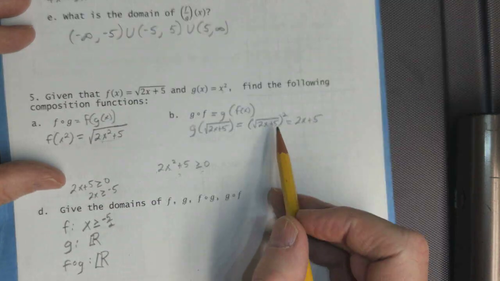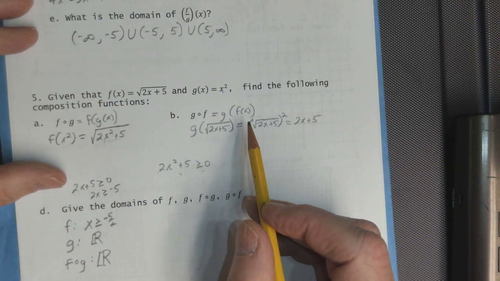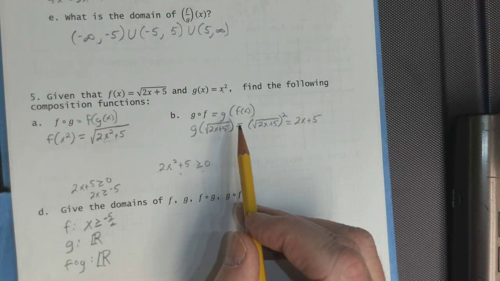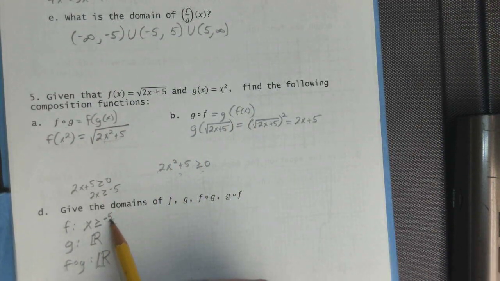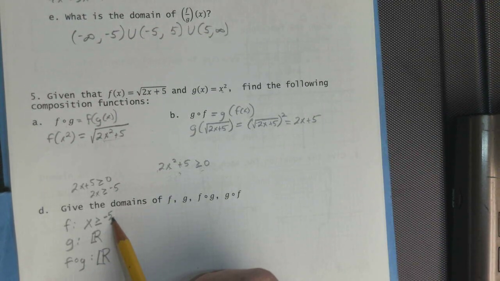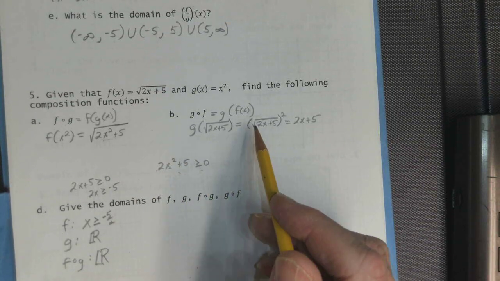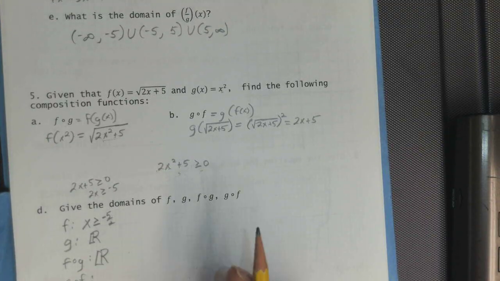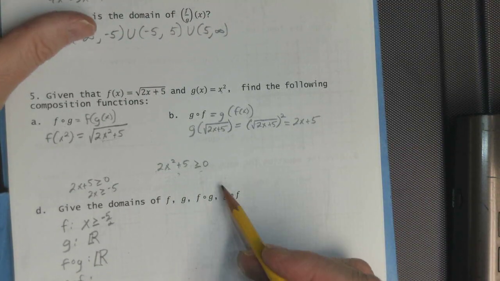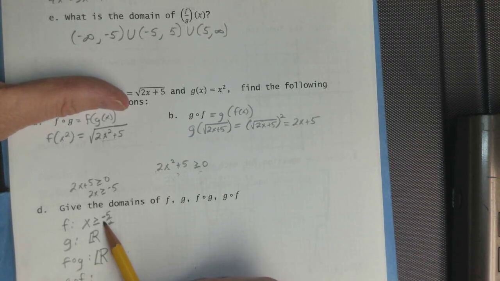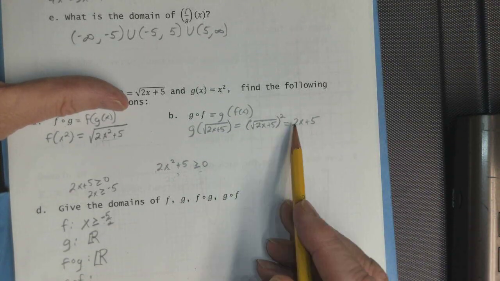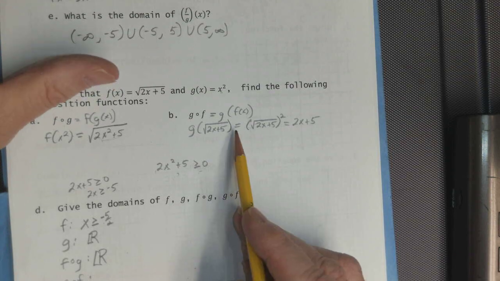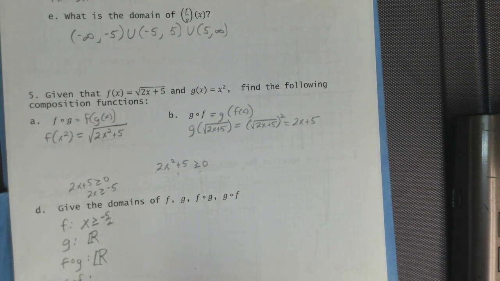G circle F. Now, x has to be greater than or equal to negative 5 halves. So we have at least that much. If I go through, there's nothing that will make it smaller.